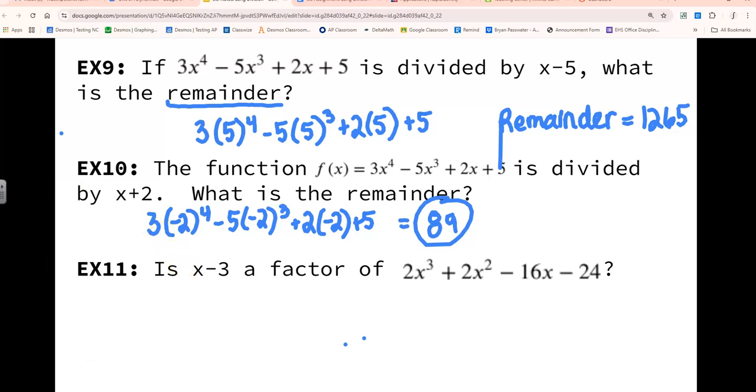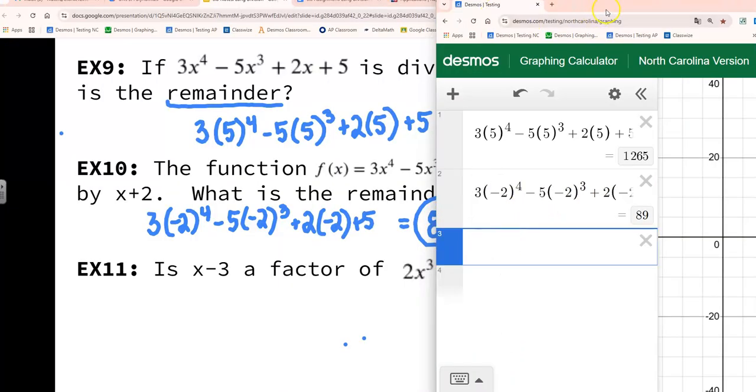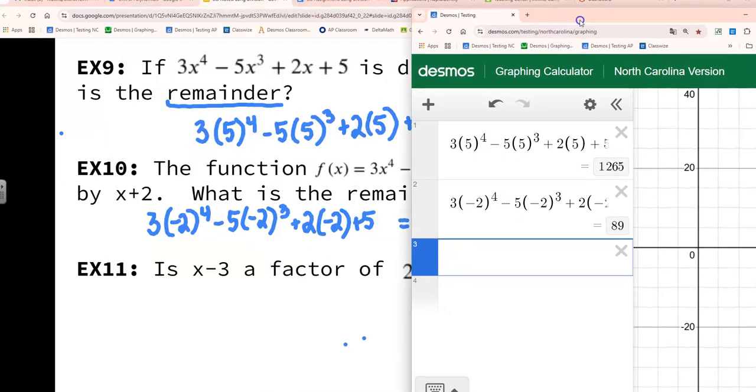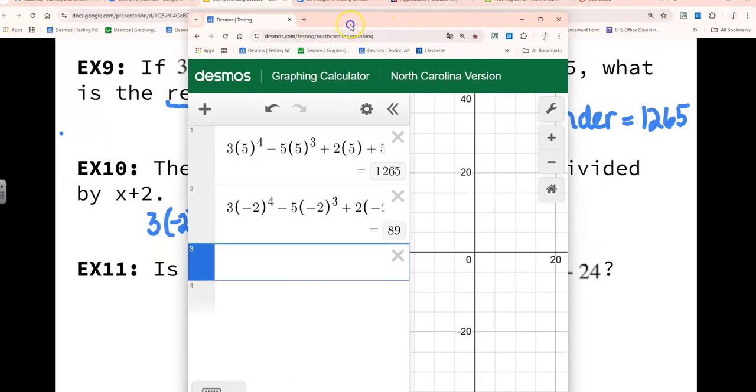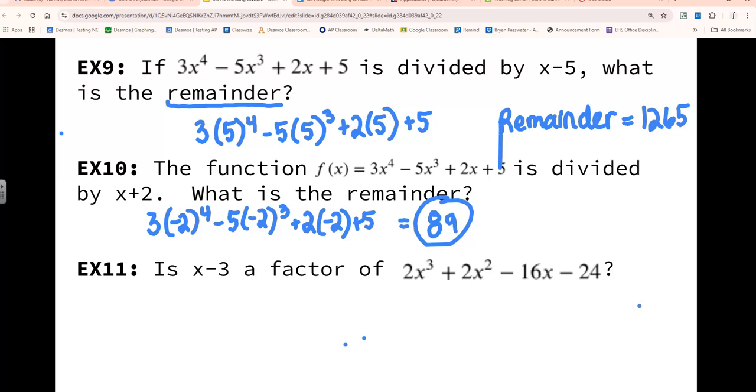I'll plug in positive 3. I'm just going to type it straight into Desmos because we're running out of time. You use positive 3 because you use the opposite sign of whatever you see there. So we have 2 times 3 to the 3rd plus 2 times 3 to the 2nd minus 16 times 3 minus 24. And I get 0.